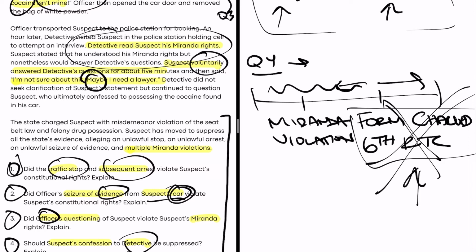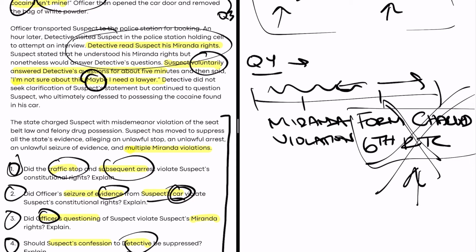Arizona, if at any point during the interrogation, the suspect unequivocally, unambiguously asserts his Fifth Amendment right to counsel, then the interrogation has to stop. It has to cease at that moment in time. The police officer cannot continue questioning a suspect once he affirmatively invokes his Fifth Amendment right to counsel.